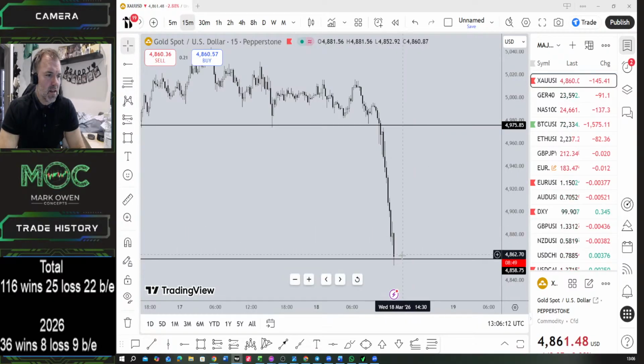We've got 9 minutes left for this 15-minute candle. This isn't going to give me any setup, this candle, that's for sure. But the next 15-minute might.